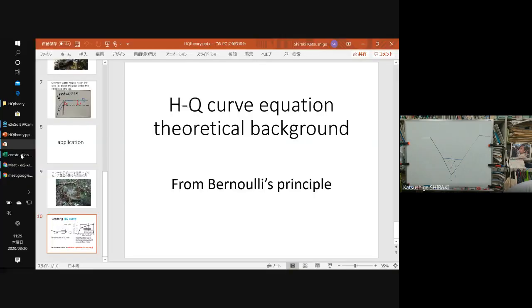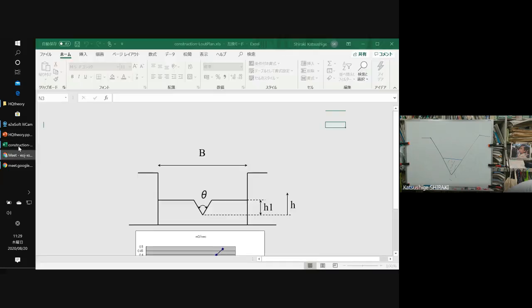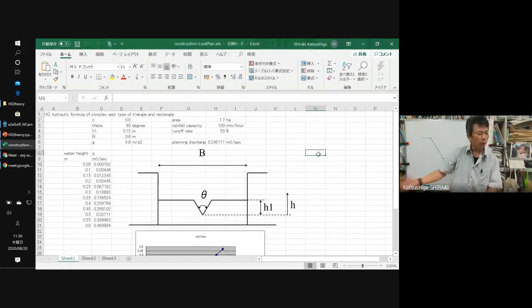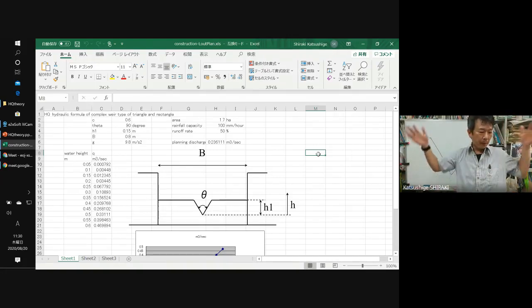And another application is here. This is an Excel worksheet made at the Roth mountain at the VNUF watershed, and this shows a multiple shape weir.